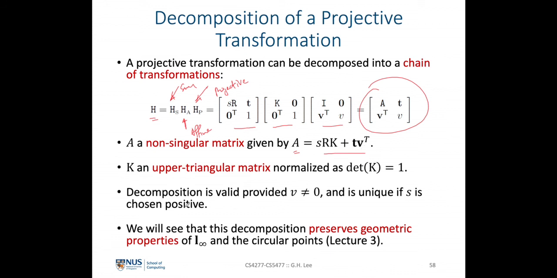And this decomposition is valid provided that V is not equal to 0, and is unique if S is chosen to be positive. We'll see more of how this decomposition preserves geometric properties of the line at infinity and the circular points when we talk about circular points and absolute conics in lecture 3.